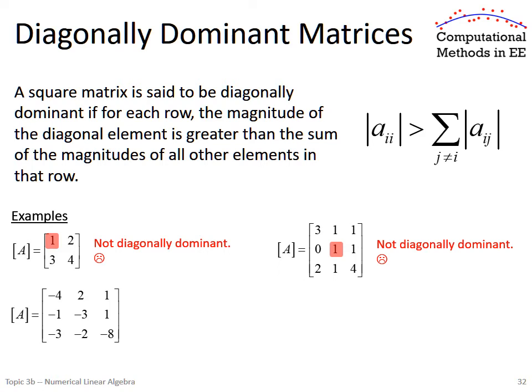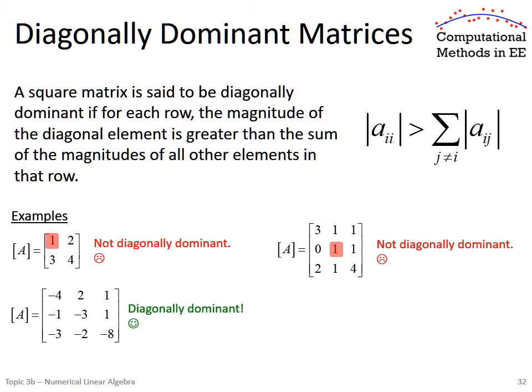Next example, is this matrix diagonally dominant? It turns out yes. We have some negative signs in here, but since we're taking the absolute value of all of the elements in the matrix, we ignore that. We can pretend that they're all just positive numbers. In the first row, we have a 4.